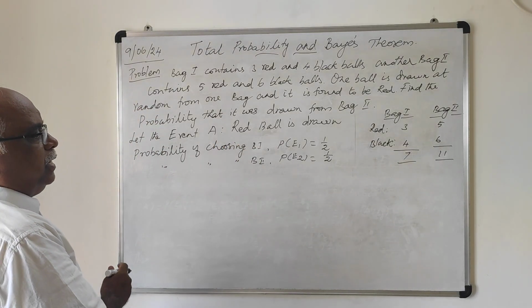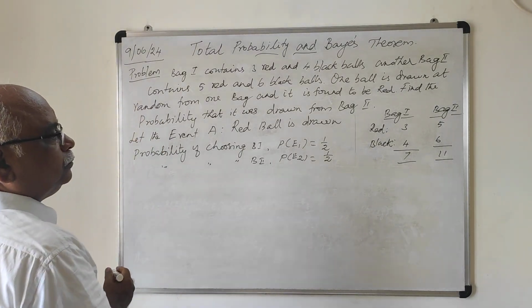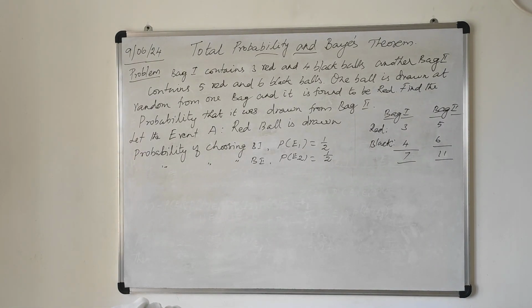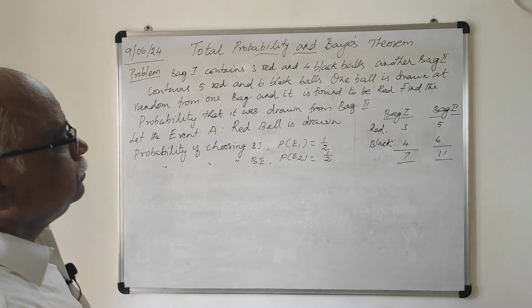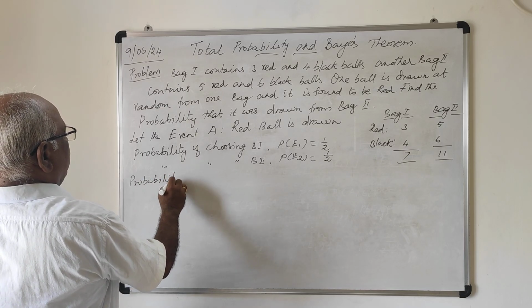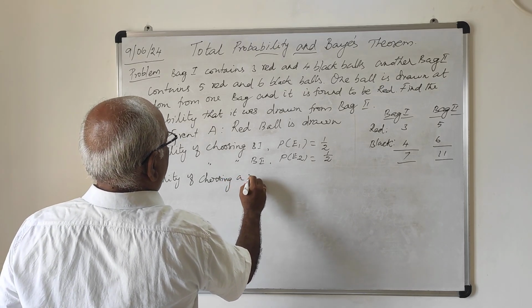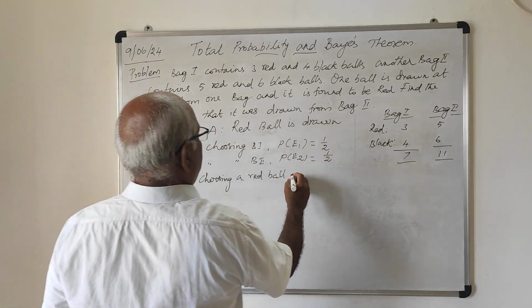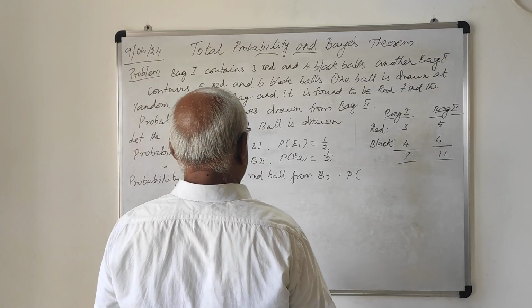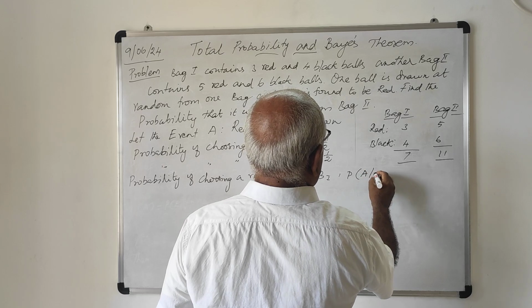The probability of choosing a red ball from bag 1 is P of A by E1.